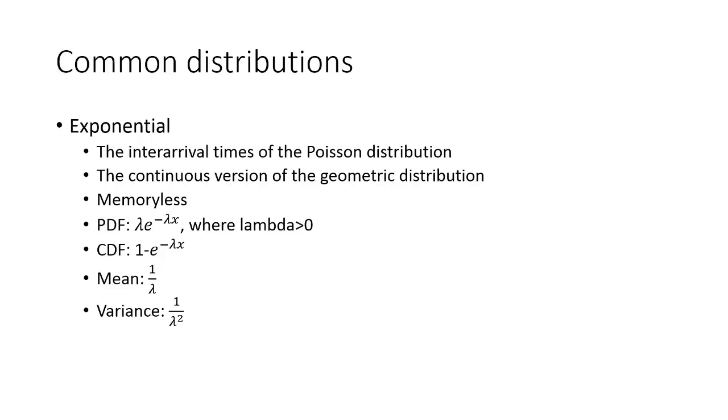Again, the PDFs and the CDFs are there for your reference, but the important thing about this distribution is that people call it memoryless, meaning that the probability of something occurring over a time horizon is the same if you condition that it has not happened yet. So think of it this way.